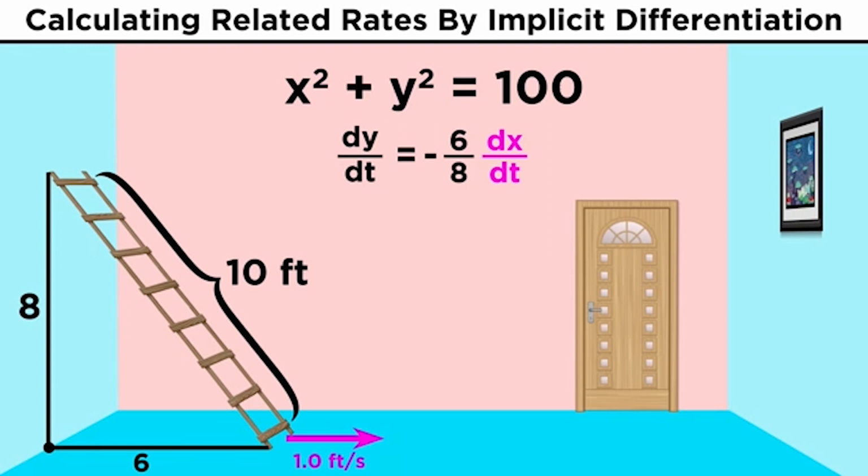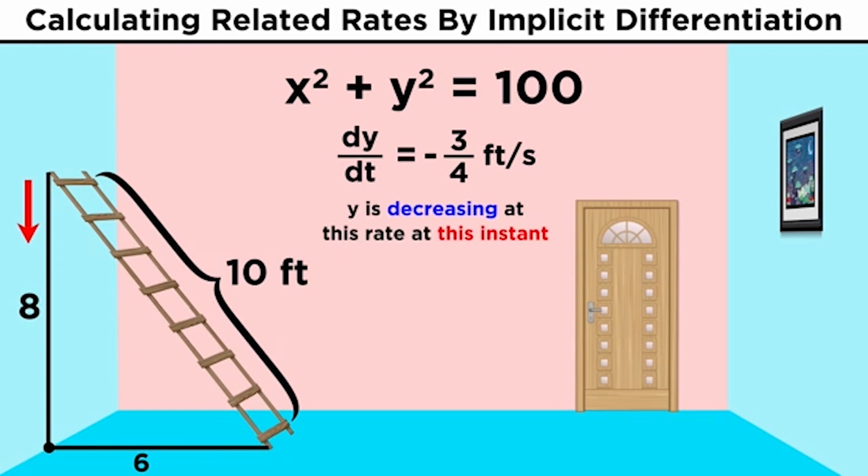That means x is increasing by 1 foot every second. So dx over dt is positive 1. We simplify and we get negative 3/4 feet per second. This is a negative value because y is decreasing over time as the ladder slides down the wall.